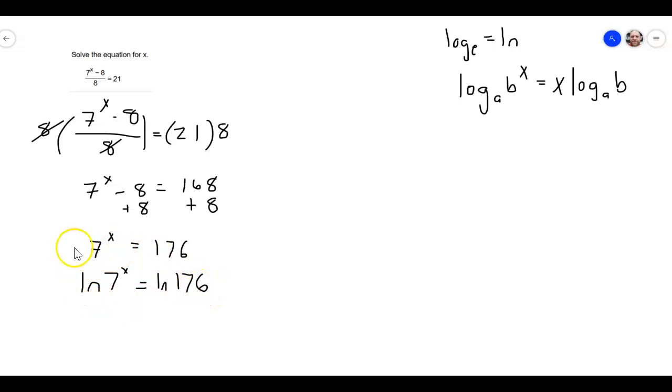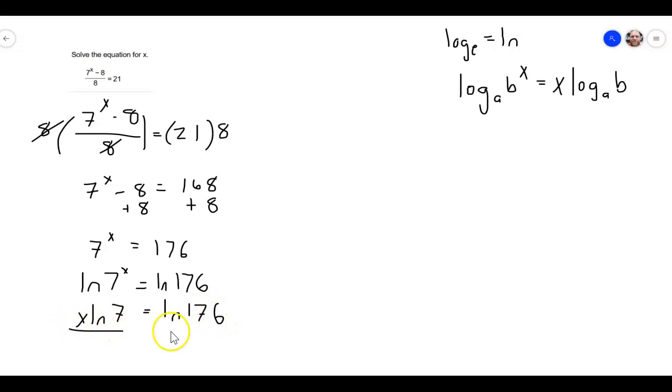This doesn't change the value of my x. I can still do this to both sides. Now I'm in this form here, and that means I can take the x and put it out front. So now x times the natural log of 7 is equal to the natural log of 176.